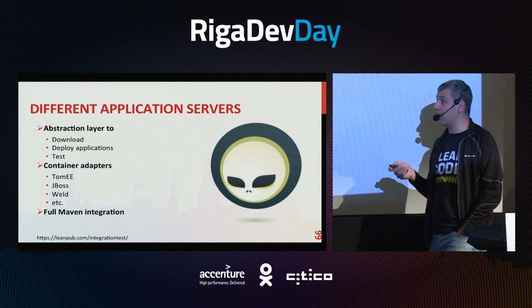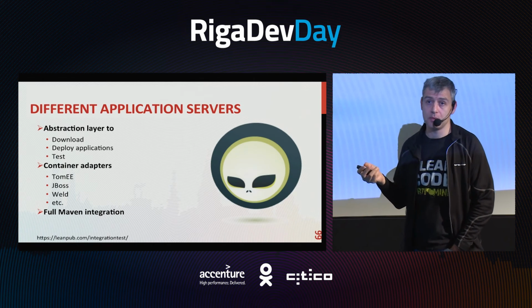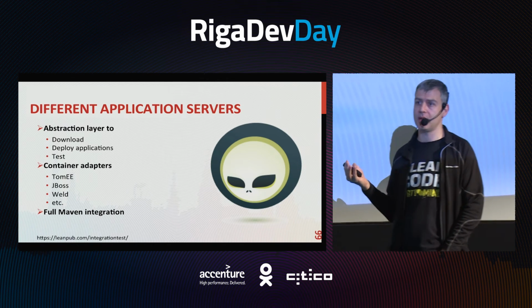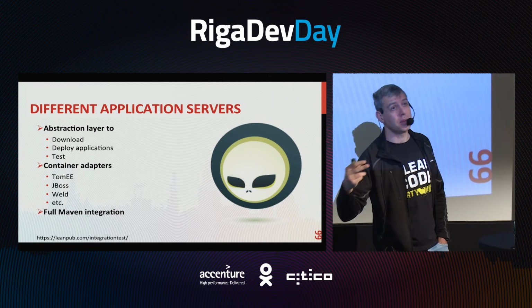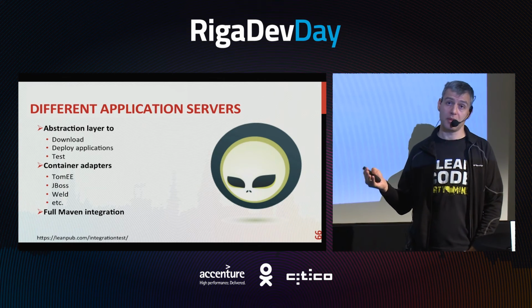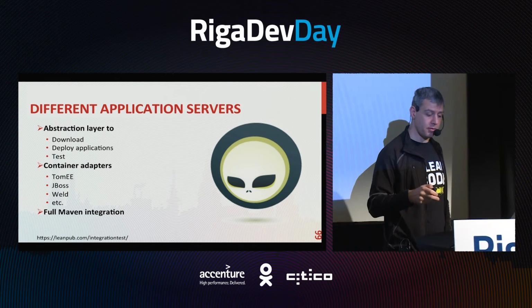To be honest, there are a lot. There are some that I don't list, like Tomcat, for example. There is a simple Tomcat container adapter, because you might want to run your not so compatible Java EE application just on Tomcat, just to check if it runs. And it's fully integrated with Maven.